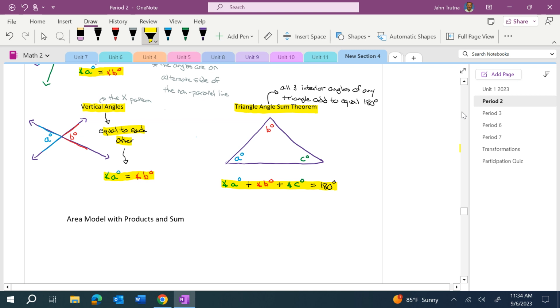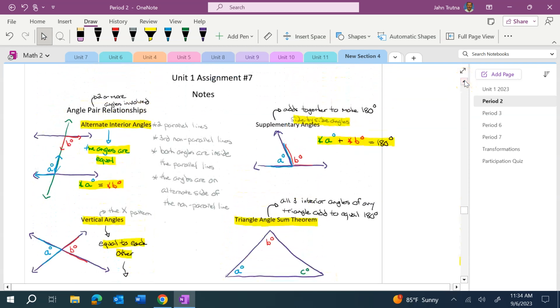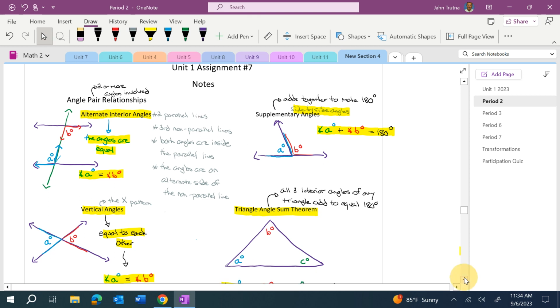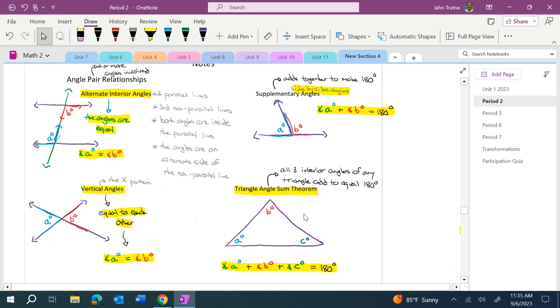Okay? So there's our basic general rules about angle relationships: alternate interior angles, supplementary angles, vertical angles, and the triangle angle sum theorem. Remember, two of them are equal to each other.